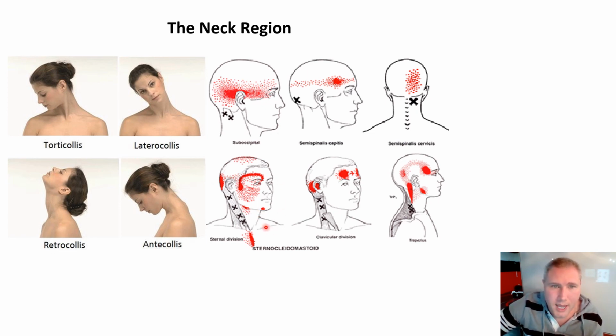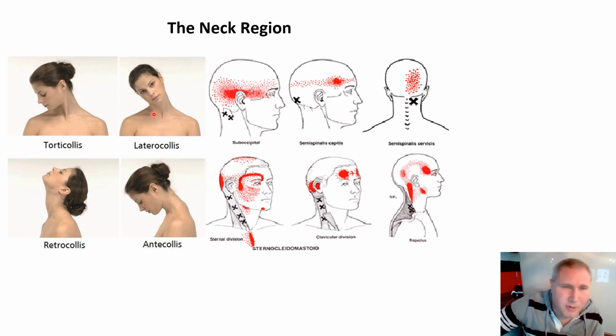Sometimes there are people that have torticollis, where the sternocleidomastoid muscle here is very, very tight. This laterocollis is kind of extreme. The woman model that you see here is demonstrating extreme cases of collis. In reality, when you have headaches, you have more subtle cases.